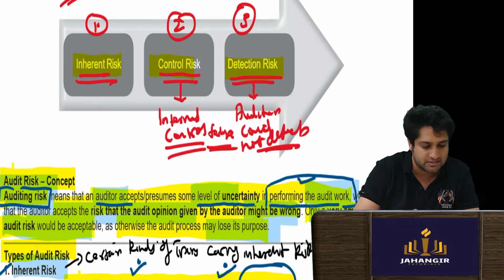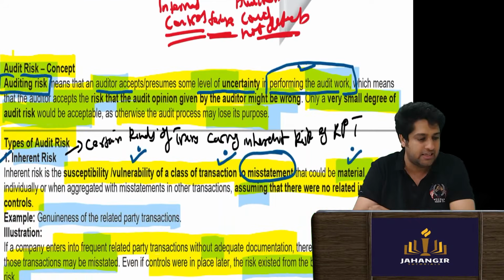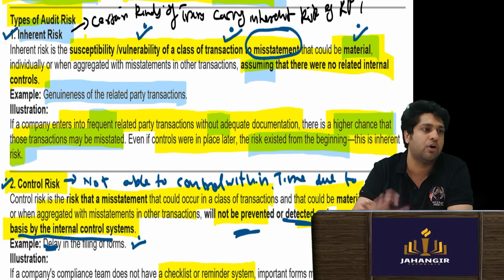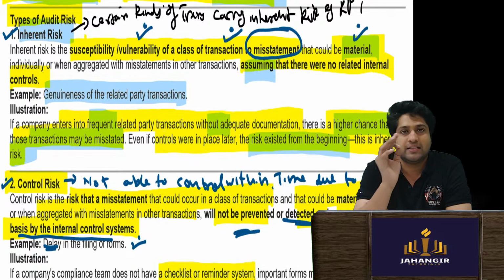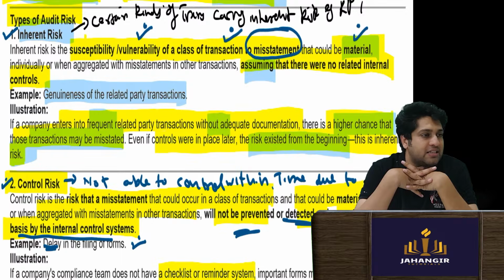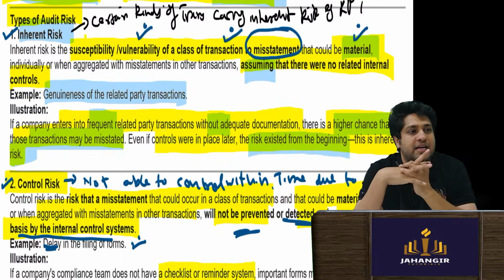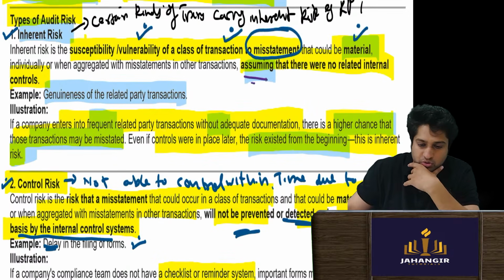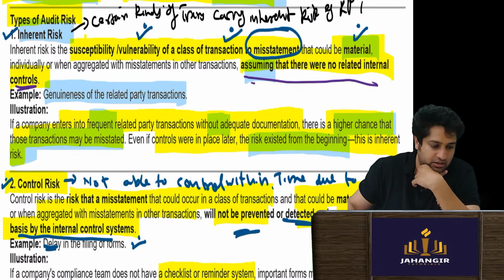Inherent risk is a concept of audit. Inherent means by default, it is possible that an auditor will make a mistake. So inherent risk is basically a misstatement that could be material, assuming that there were no related internal controls.